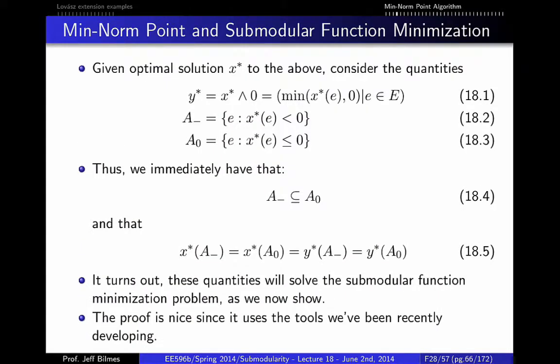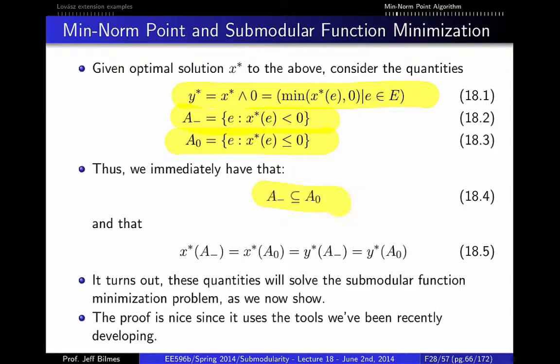What we've done in the past is we've proven, well, first of all, we've defined several additional constructs: y star, which is a vector where all positive elements have been truncated to 0. We defined A minus, the set corresponding to the elements which are strictly negative, and A naught, the set corresponding to the elements which are non-positive.